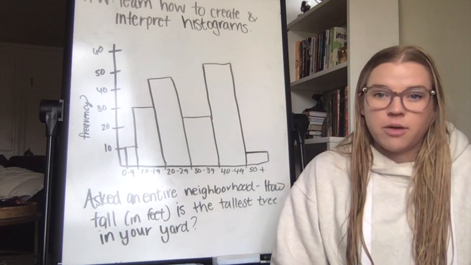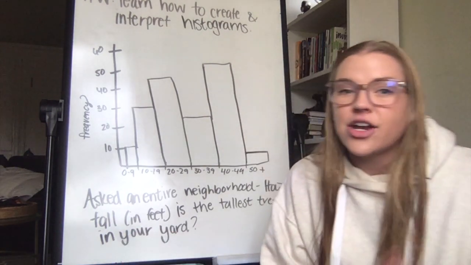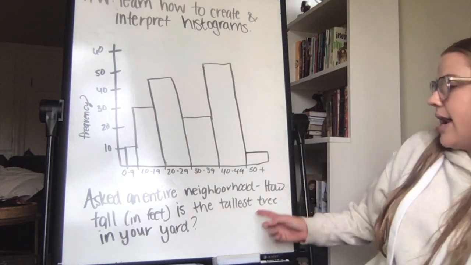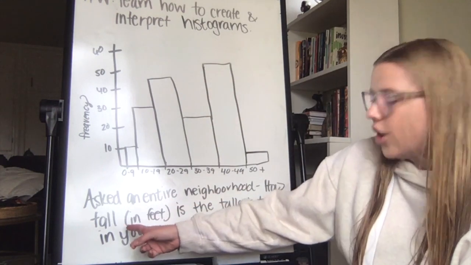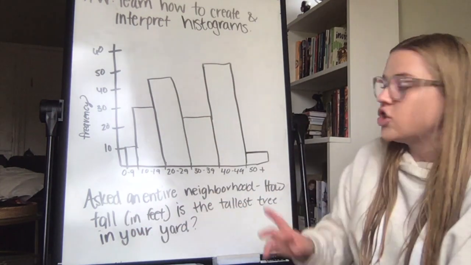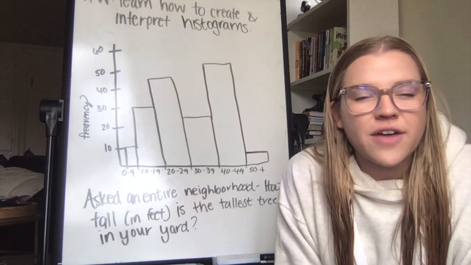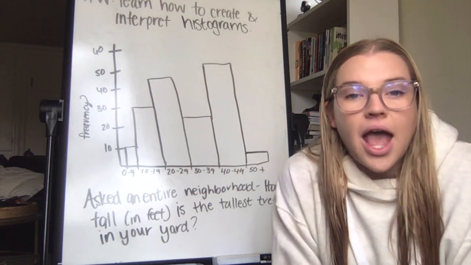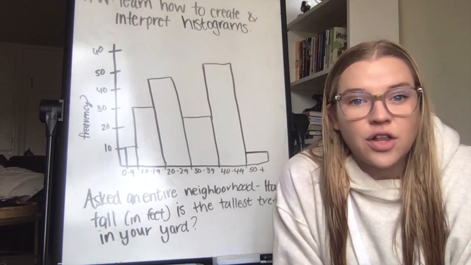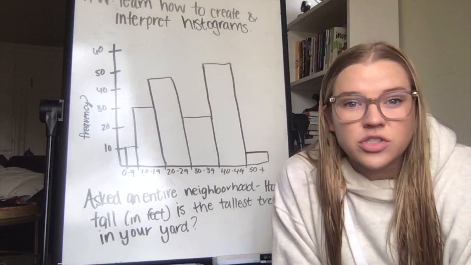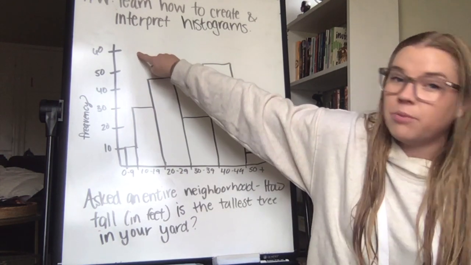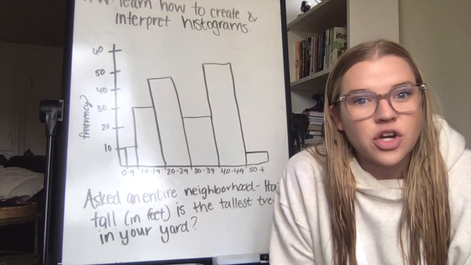So in this problem, I said that I asked an entire neighborhood how tall in feet is the tallest tree in your yard. If I'm asking an entire neighborhood, in my example, it's going to be a heck of a lot more than just 9 people. So I went all the way up to 60 people. That doesn't mean that I'm only surveying 60 people.